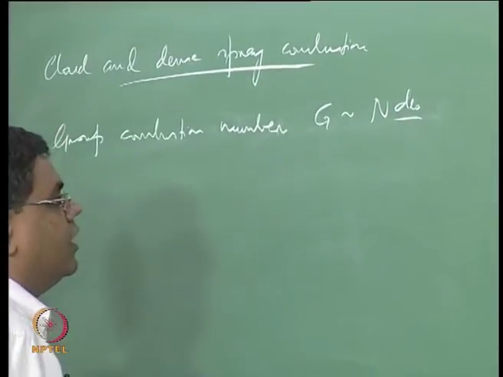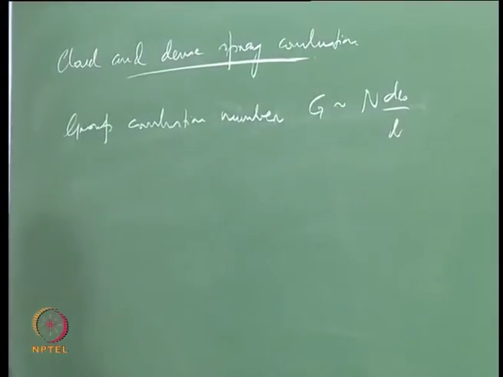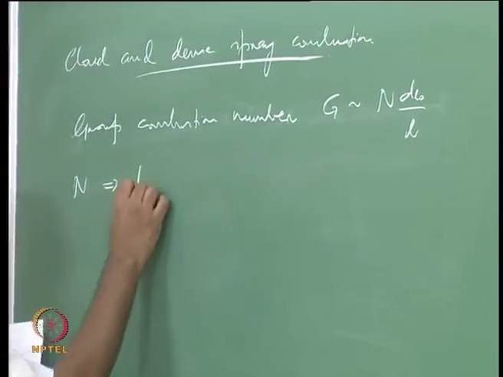this is defined as N dl naught divided by L, where N is the total number of droplets.